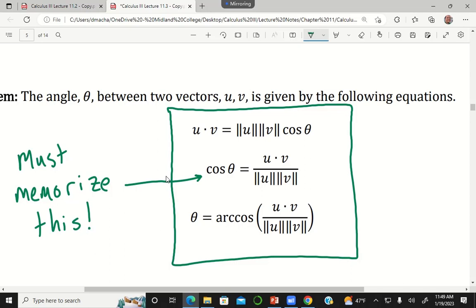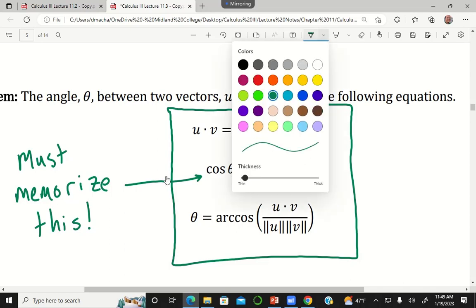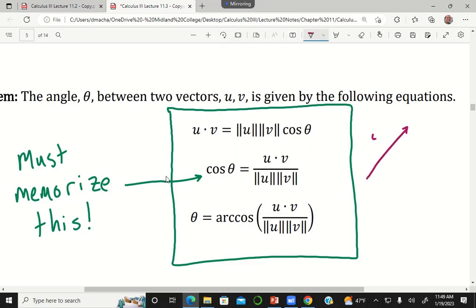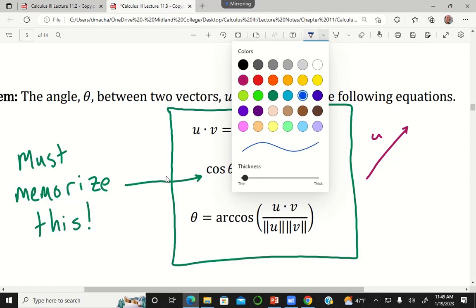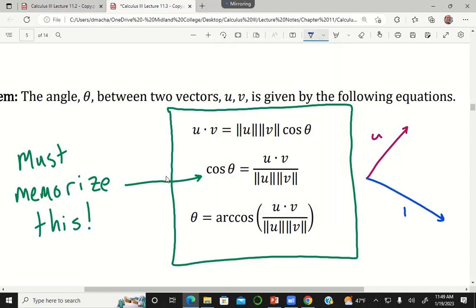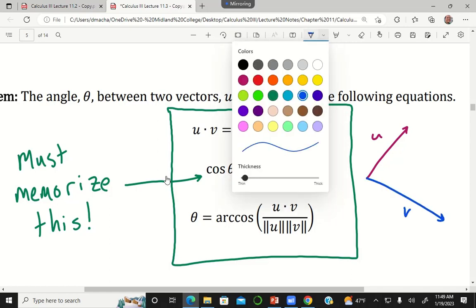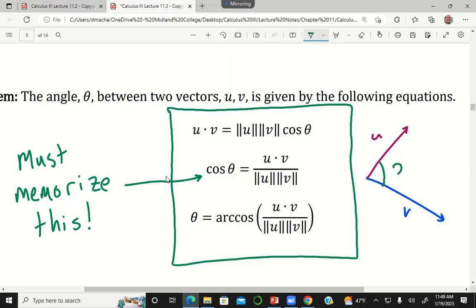Where it says cosine theta is equal to u dot v, all divided by the norm of u times the norm of v. The theta there is going to be the angle between the vectors. So like, if this vector is u, this vector is v, and this angle here is theta.